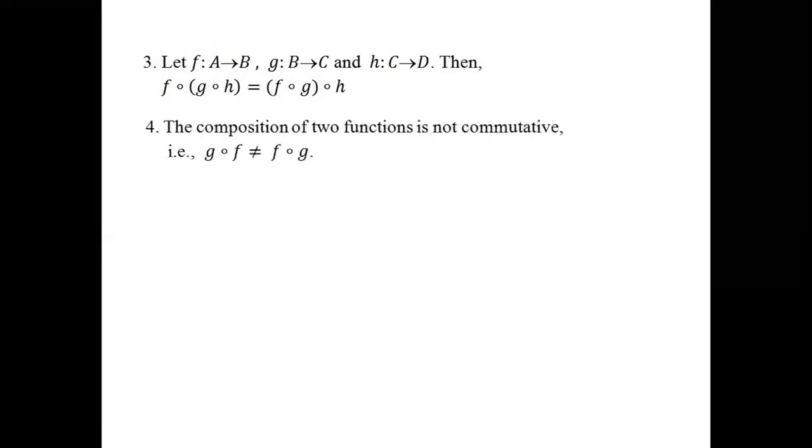Then the fourth point says that the composition of two functions is not commutative. So g composition f is not equal to f composition g. So these are some of the important points that we have to make a note of while doing problems under composition of functions. So let us do problems now.